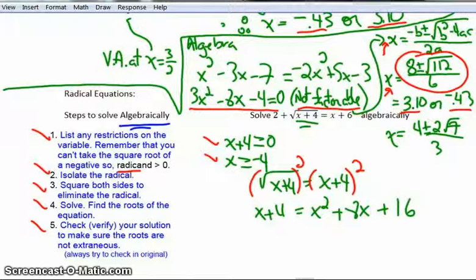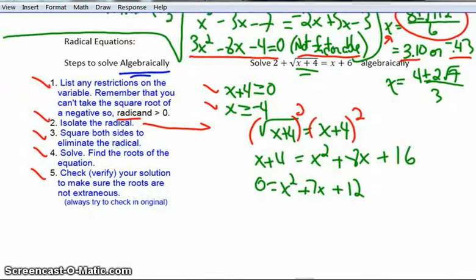If you isolate the radical, that means you've got root x plus 4 equals x plus 4. Take the 2 to the other side, square both sides, and you end up with x plus 4 equals x squared plus 8x plus 16. When you take it to one side, you end up with 0 equals x squared plus 7x plus 12.